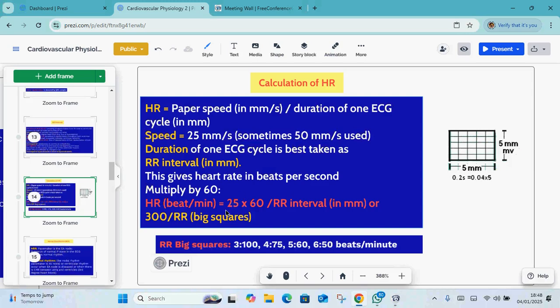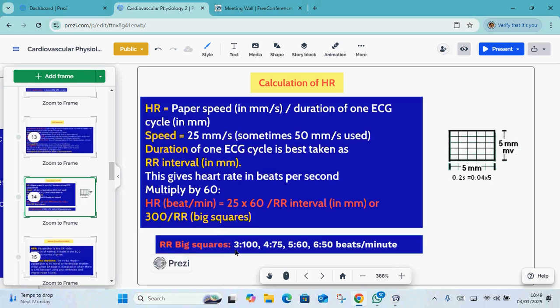We divide 25 by 5. So if we say 5 times 60, the RR interval here is measured in 5 millimeters. 5 times 60 is 300. So out of all what I'm saying, if you want to measure the heart rate from any ECG, divide 300 by the RR interval in big squares.